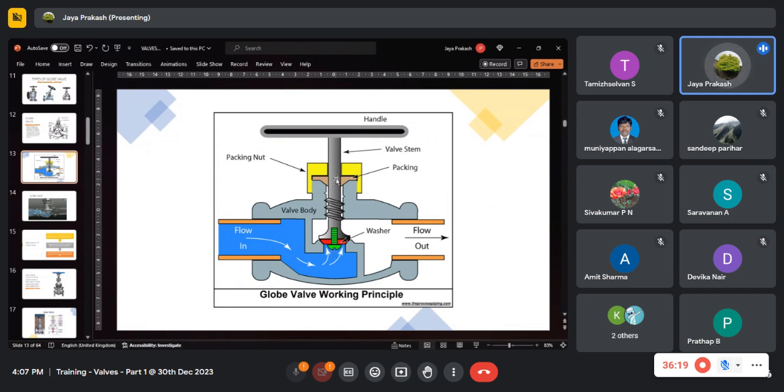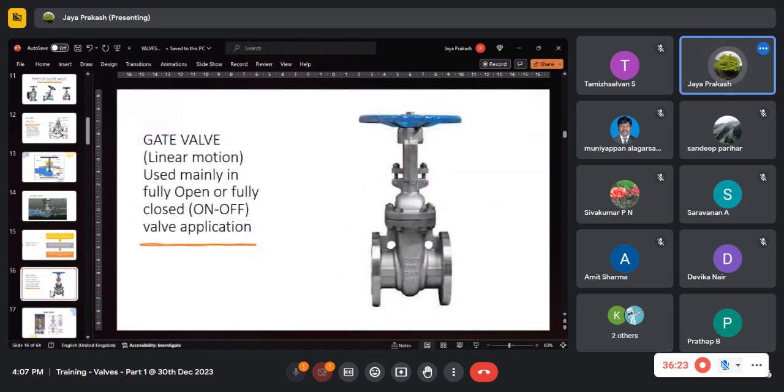This is what we call linear motion. Similarly, the gate valve also has a linear motion. The gate, which is here, will go up and down, making the valve open and close.